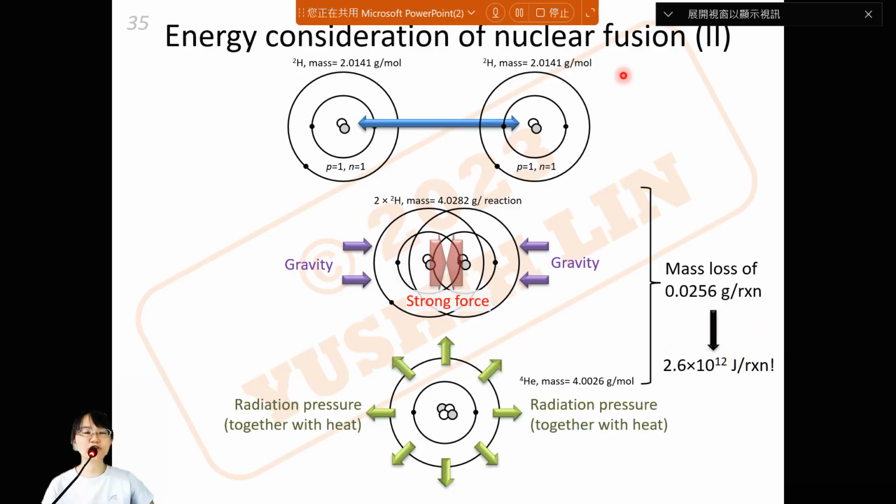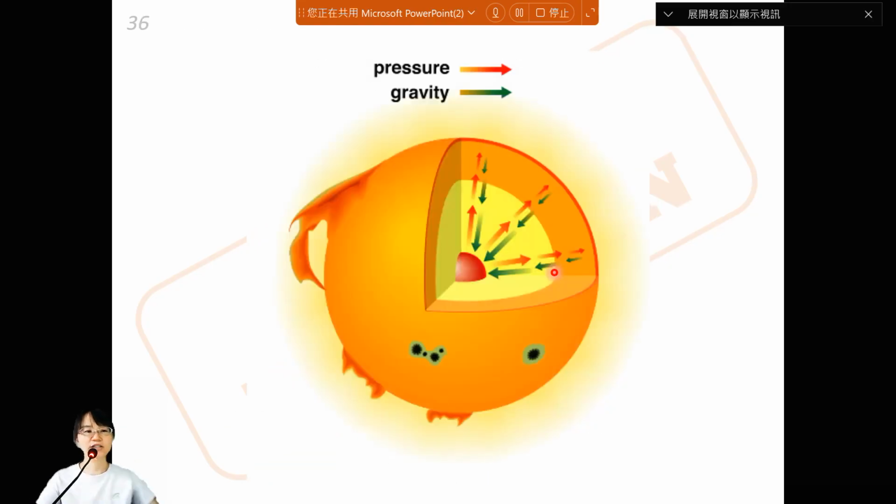Because of nuclear fusion, the consequence is a lot of heat. Then this will create some radiation pressure that goes against gravity. So that's the chain of reaction out there in stars. So you can imagine it's actually the equilibrium between gravity and radiation pressure.